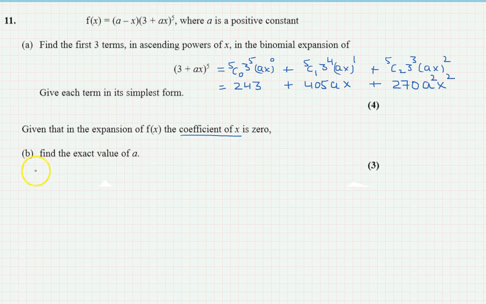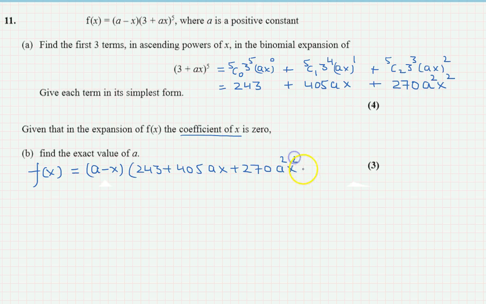So f(x) is (a minus x), and the expansion of (3 plus ax) to the power 5 is this, so that is 243 plus 405 ax plus 270 a square x square.